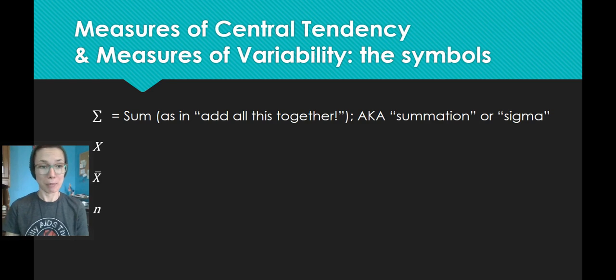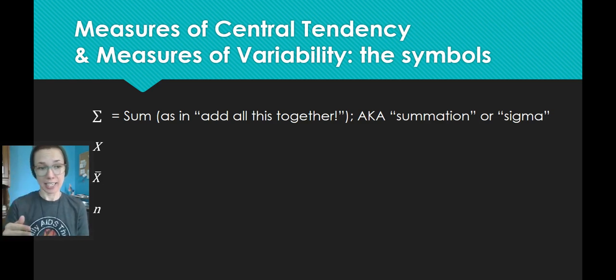So this first symbol, this thing that looks kind of like an E, like a Greek version of an E, it's the summation sign. The official word for this symbol is sigma. It essentially means add all these things together.